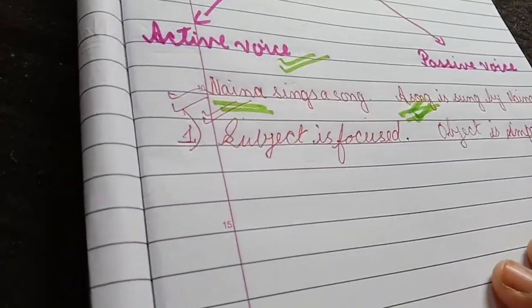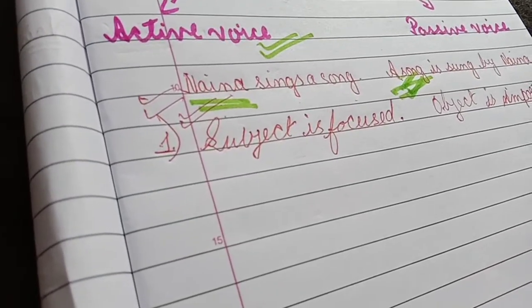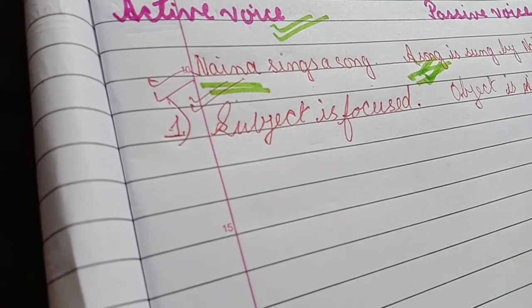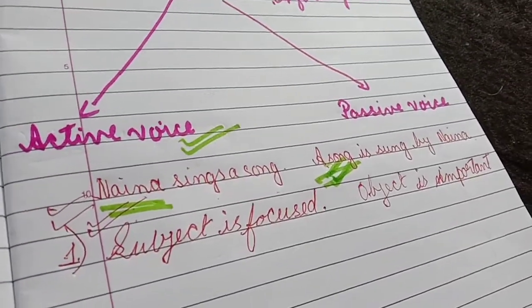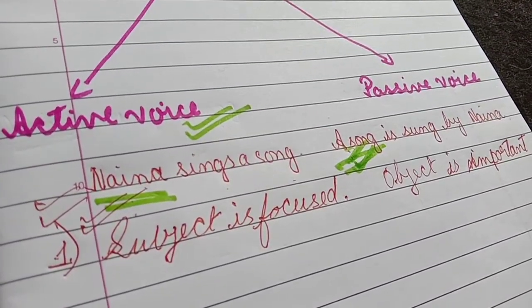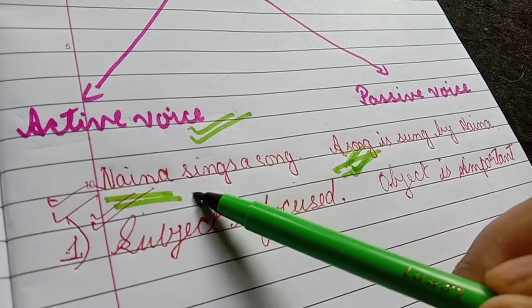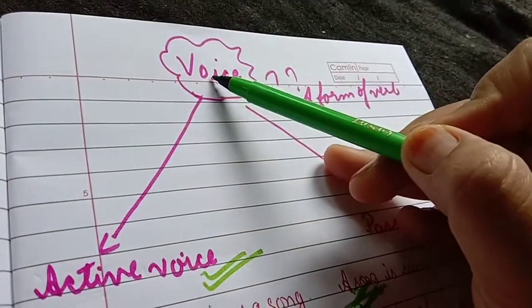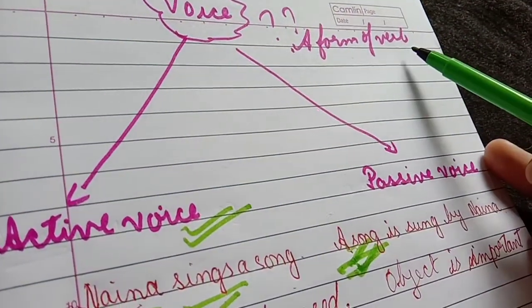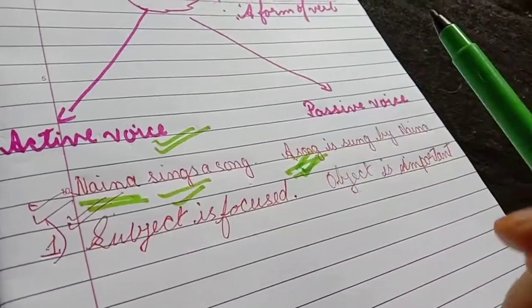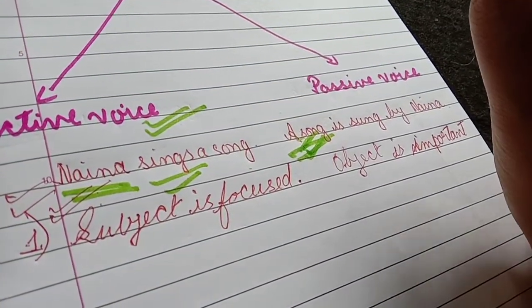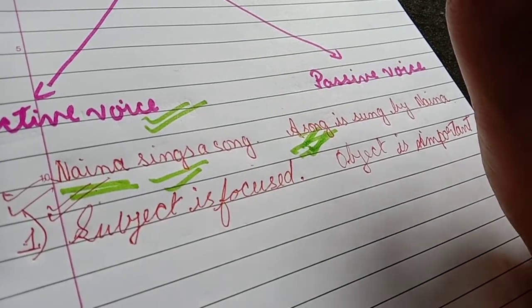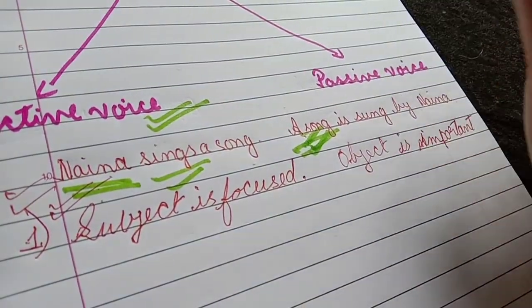The next and the most important way to determine whether a sentence is in active or passive voice is understanding the verb. What did we say in the beginning? Voice is a form of verb, right? So the verb used in the sentence will determine whether the sentence is in active or passive voice.